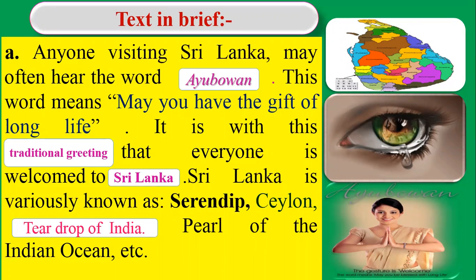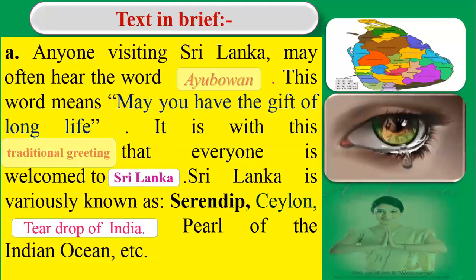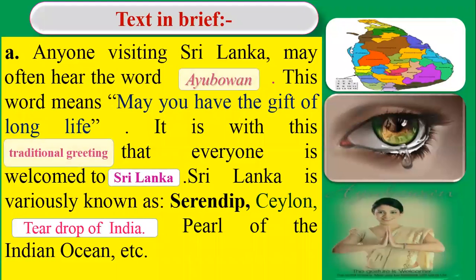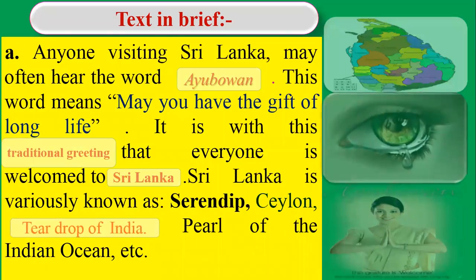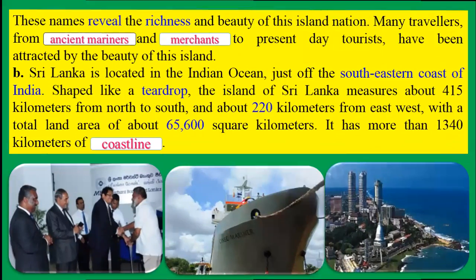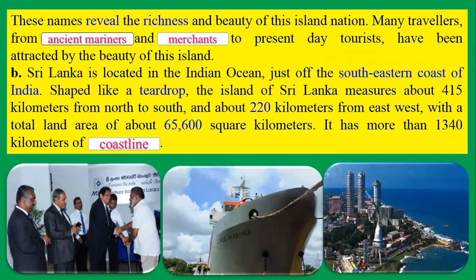Sri Lanka is known as Serendip, Ceylon, Teardrop of India, Pearl of the Indian Ocean, etc. These names reflect the richness and beauty of this island nation.